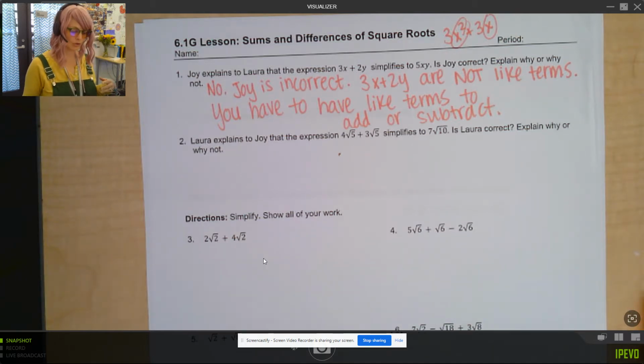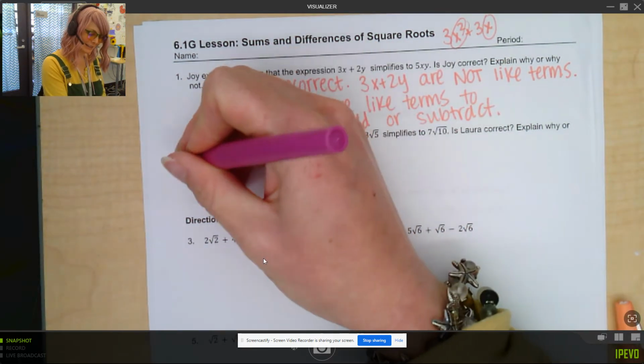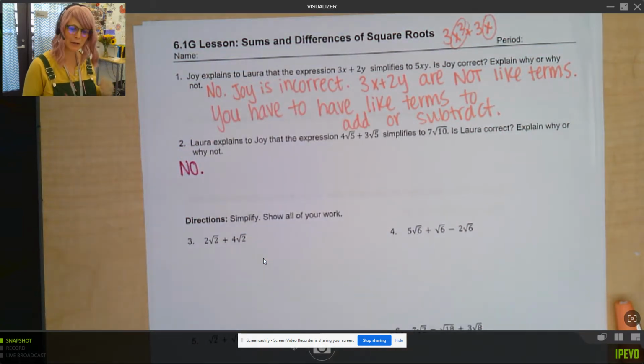Then Laura explains to Joy the expression 4 root 5 plus 3 root 5 simplifies to 7 root 10. Is Laura correct? Well, 0 for 2, ladies. 0 for 2.